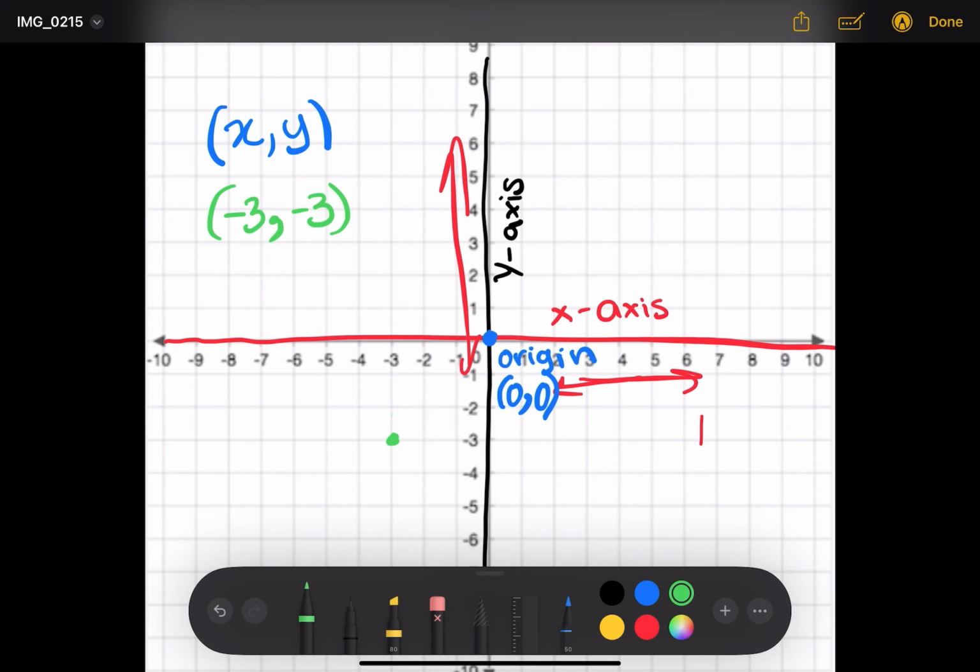Let's try another one. Pause the video and try to graph this point. Okay, so now I'm going to tell you it's 7 to the right. Okay, so that's the x-axis part, and it is 8 up, so 8.